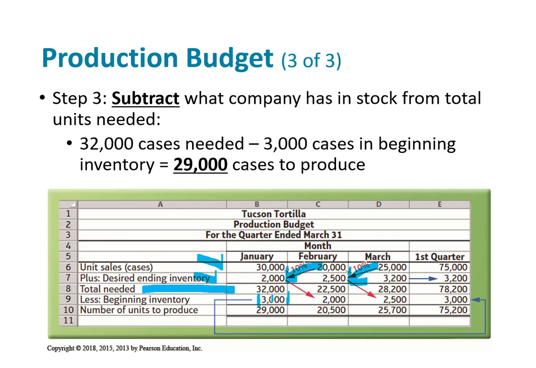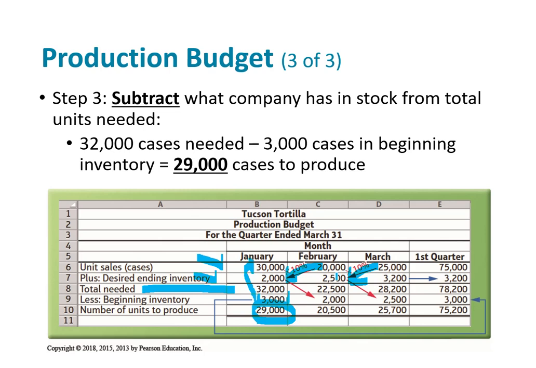And where's that come from? Well, they either give it to you, or you know that it's 10% of what is in the January beginning inventory. Okay. And then this is the number that you're going to produce. Okay, so as you're filling out the table, notice that, here we go, February, we said we're going to anticipate 20,000 cases when we sell.